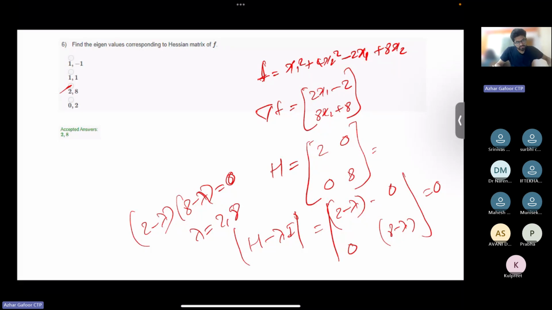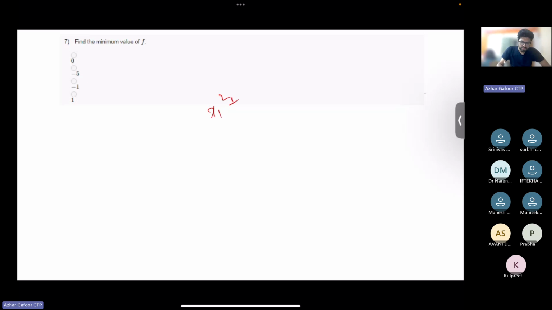So what will be the minimum value? We have already found x1 and x2, we just have to substitute them into the equation x1 square plus 4x2 square minus 2x1 plus 8x2. So x1 is equal to 1 and x2 is equal to minus 1.